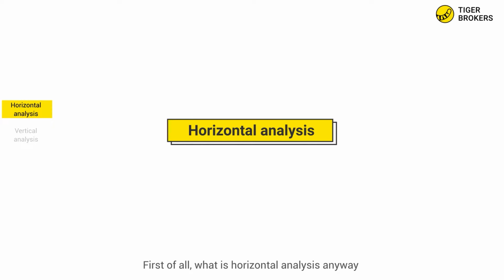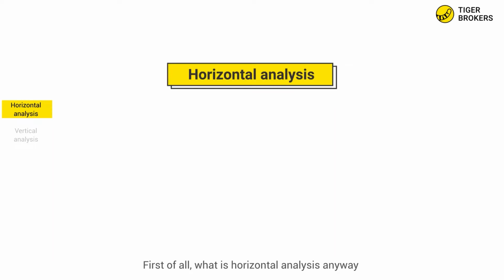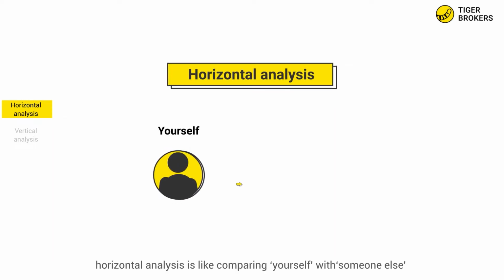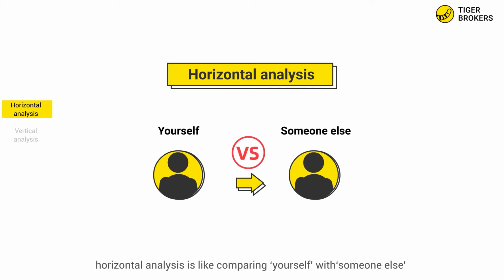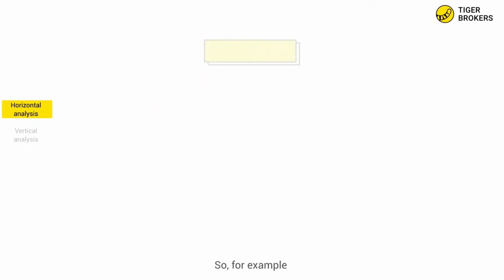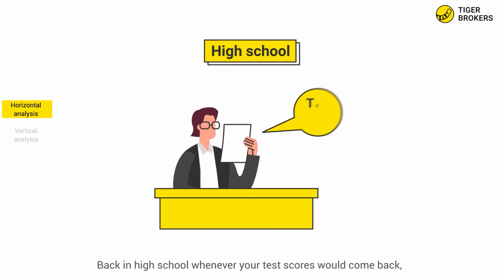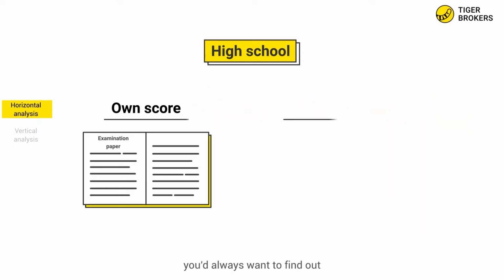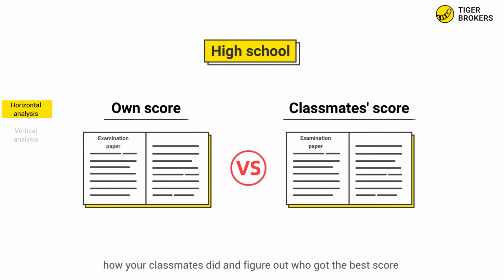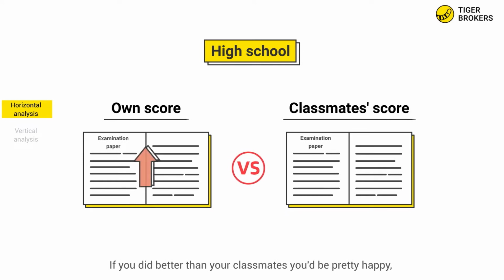First of all, what is horizontal analysis anyway? Simply put, horizontal analysis is like comparing yourself with someone else. So, for example, back in high school, whenever your test scores would come back, you'd always want to find out how your classmates did and figure out who got the best score. If you did better than your classmates, you'd be pretty happy.